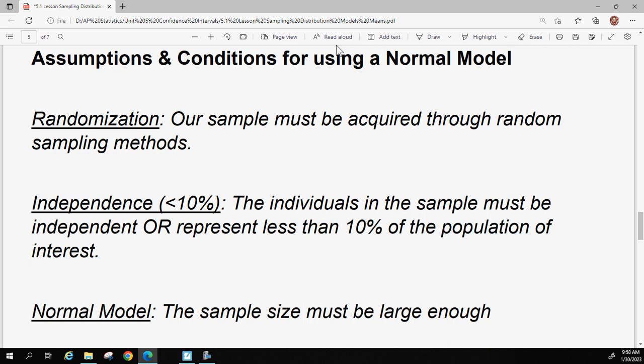However, if we're sampling less than 10% of our population, the effect on the probability will be unnoticed. It'll be so small that it won't matter. And so when we get a sample size, we want it to be large enough, but we also want it to be less than 10% of our population to ensure that we have independent samples.